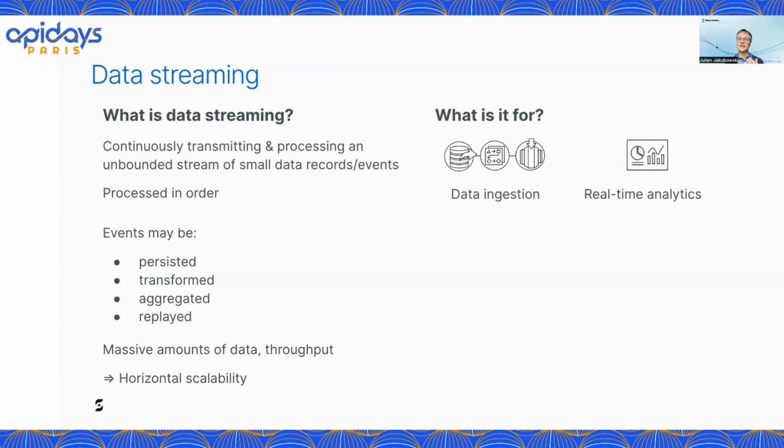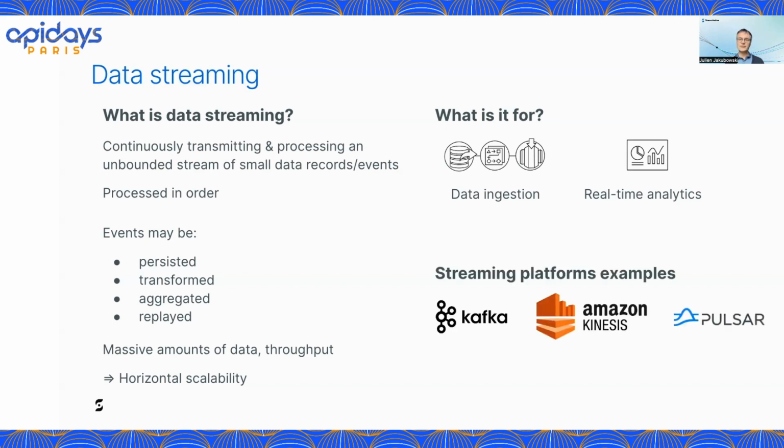That's the process of collecting and importing data from various sources for storage, processing, and analysis. Other use cases can be about real-time analytics. So you will make the right decisions based on fresh data. The most common streaming platform is Kafka. I can also mention Amazon Kinesis, and of course, Pulsar is also a great streaming platform.